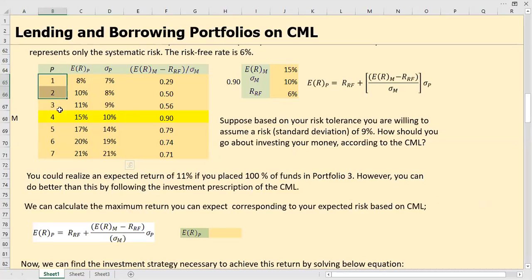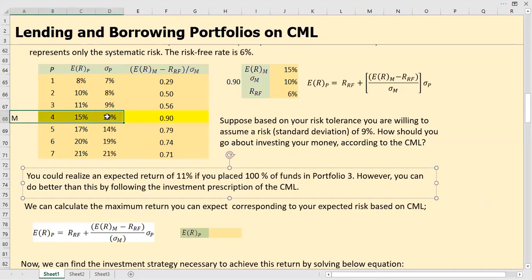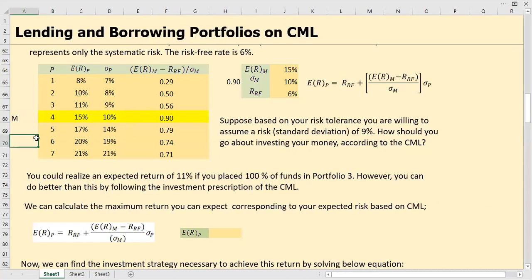We have portfolios 1 to 7, with expected returns and standard deviations also given, and we have already identified the market portfolio to be 15% and 10%, right? So with this information, if you need to bear a risk of 9%, what portfolio are you going to select?